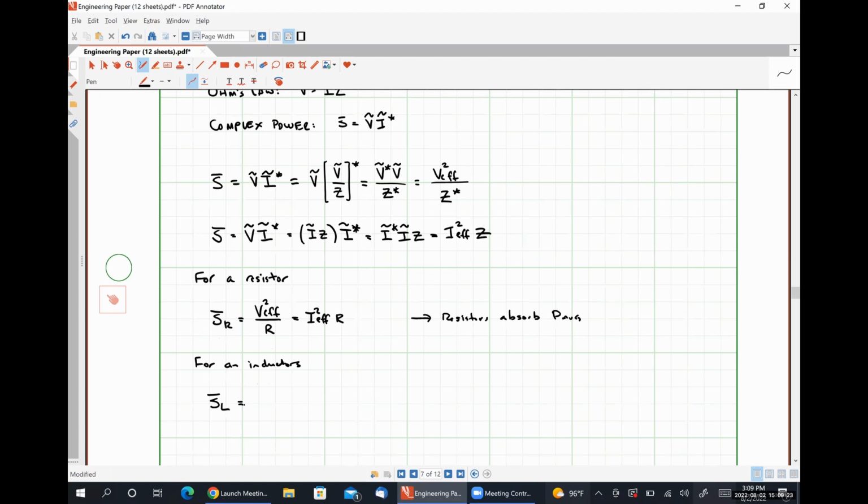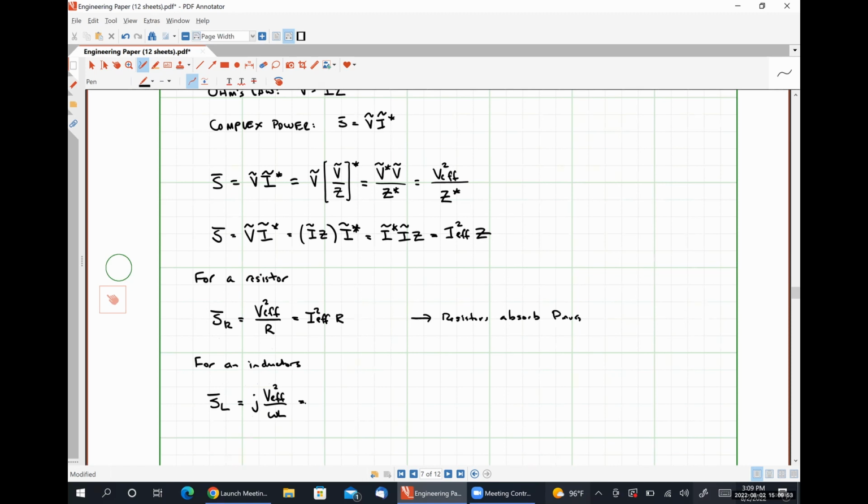So that would be V effective squared over omega L. And actually this would be over negative j omega L, because we're looking for the conjugate of the impedance, but a negative j in the denominator is the same thing as a positive j in the numerator.